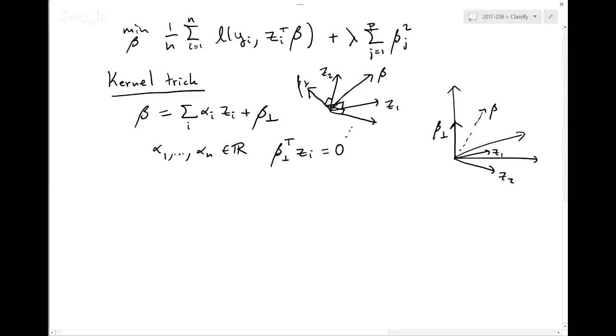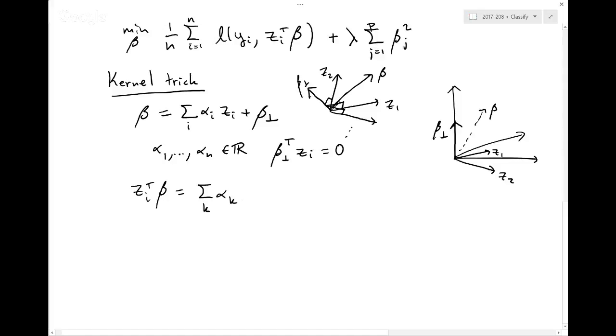If we look at the zi transpose beta, well, this is just equal to the sum over alpha i. Oops, I should write zj transpose beta because I'm using the sum over. Actually, let's keep this i and make this j the sum. Oh no, I'm using j for that. Let's make it sum over k then. All right, eventually I'll get there.